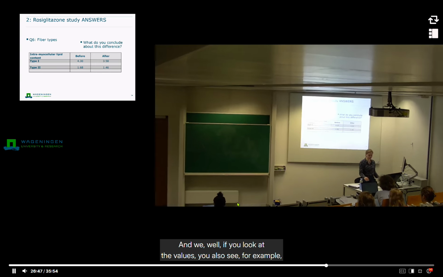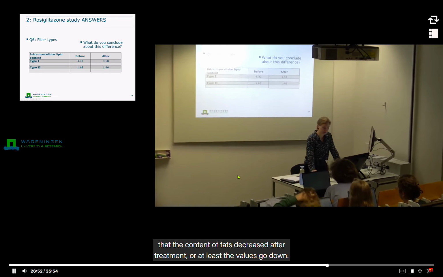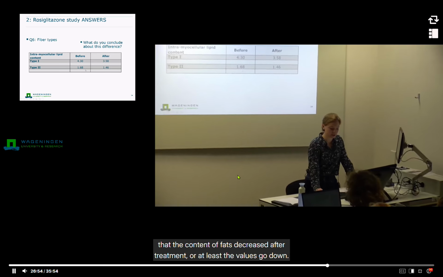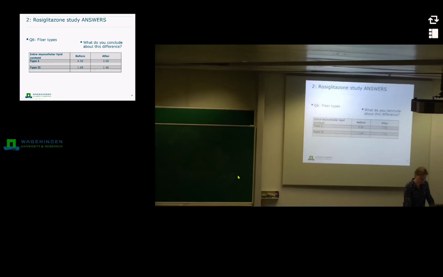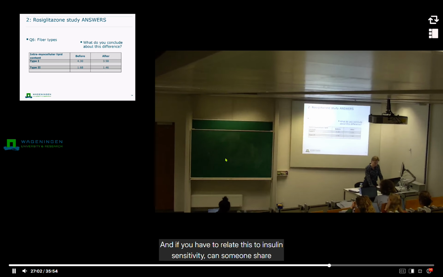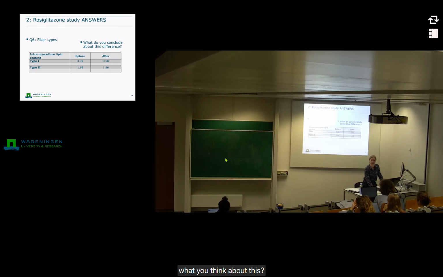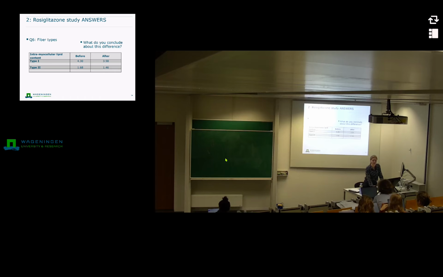If you look at the values, you also see, for example, that the content of fat decreased after treatment, or at least the values go down. And if you have to relate this to insulin sensitivity, can someone share what you think about this? How does the content of the fat in a muscle relate to insulin sensitivity?